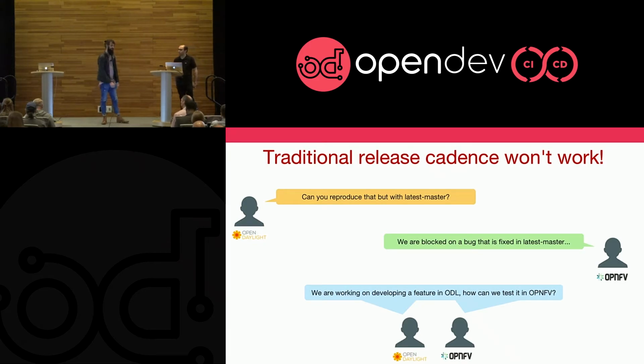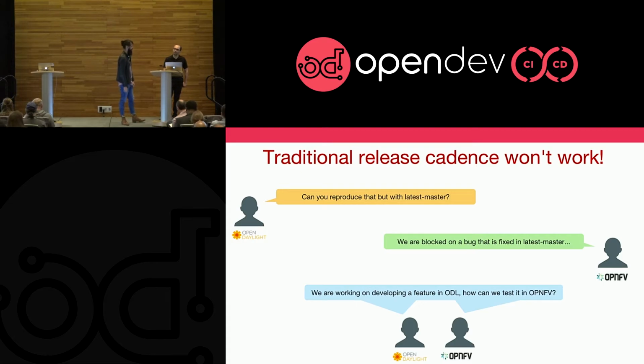So we're using DevStack or something in our CI because it's quick and easy to work with, but OPNFV is using proper OpenStack installers, using virtual and bare metal deploys, the kind of infrastructure that we really care about and would like more access to. So we have OpenDaylight developers working on bugs with that great infrastructure, but they want to test from latest master, not our 6 month ago release version.